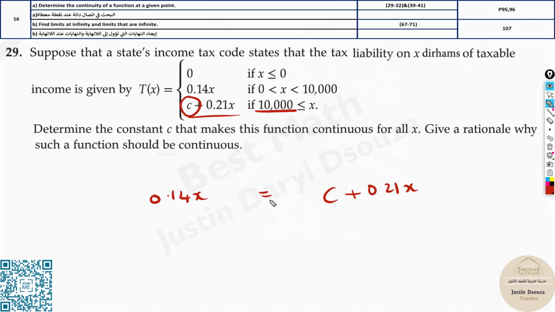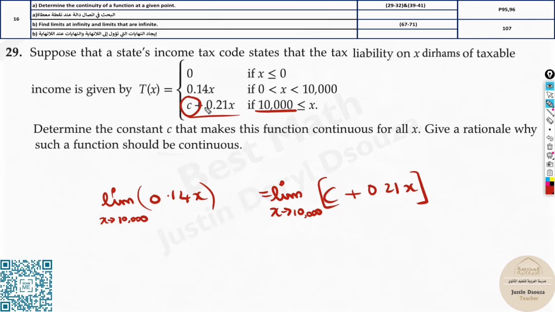Now, they both are not equal, but if you take the limits at x equal to 10,000, the limit of this first equation also has x at 10,000. This one, and over here, this one. Over here, I've written big brackets because there are 2 points, but you can just write the small brackets, it's fine. So these both are equal.